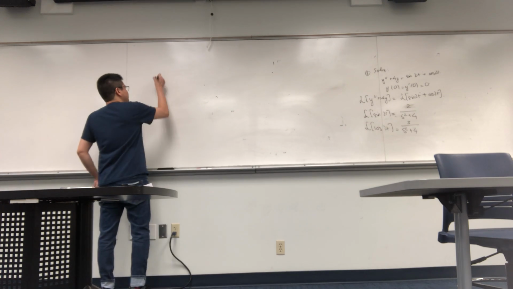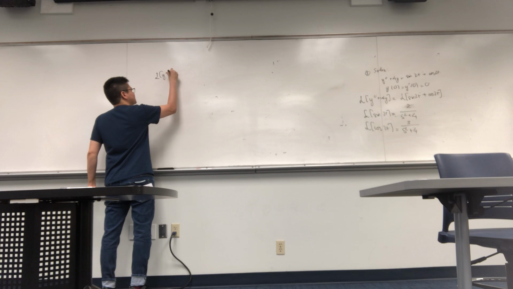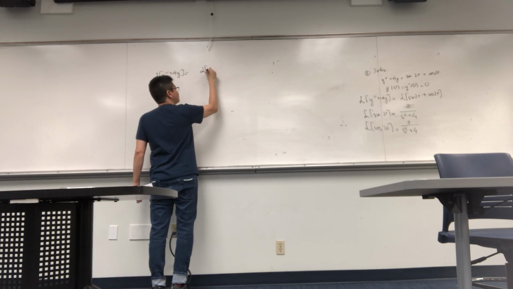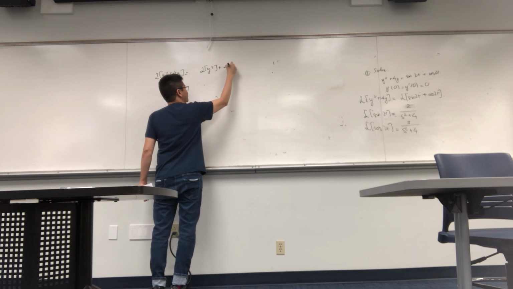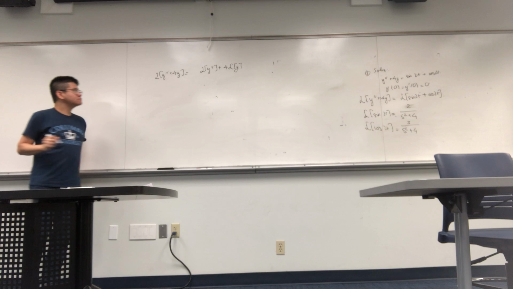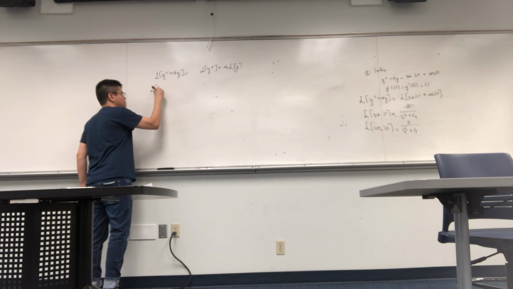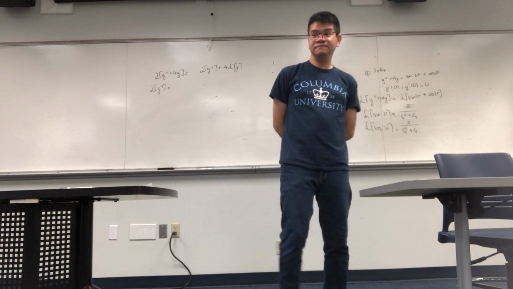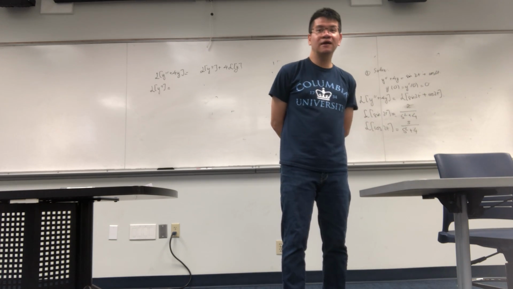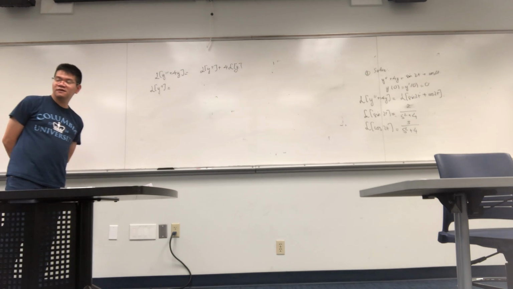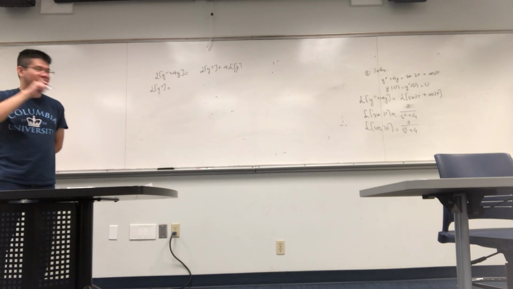Now, let us look into the left-hand side. You're going to have this: the Laplace transform of y double prime plus 4 times the Laplace transform of y. All right? So what is the Laplace transform of y double prime? S squared F of s minus s f of 0 minus f prime of 0.